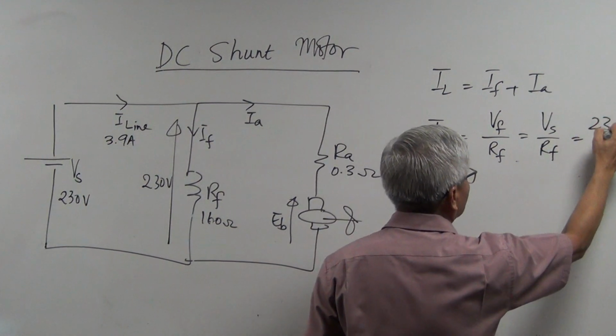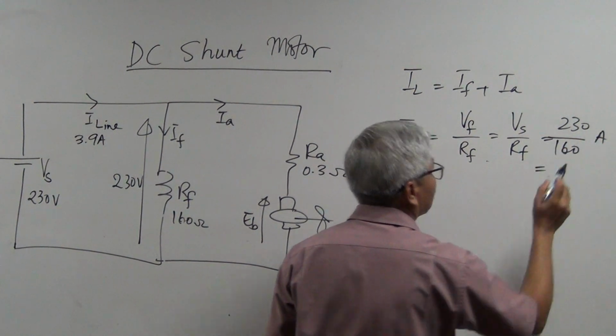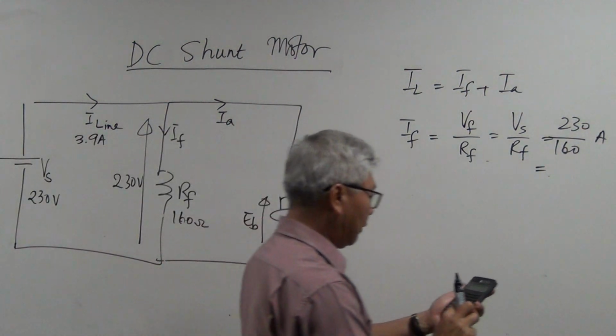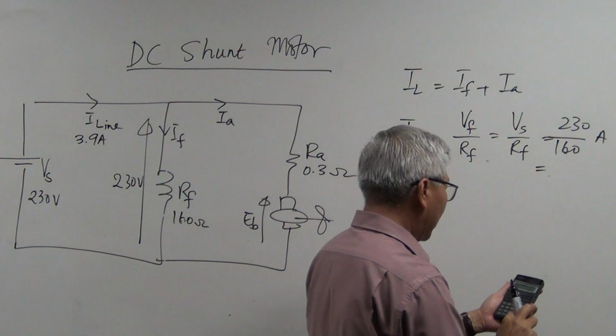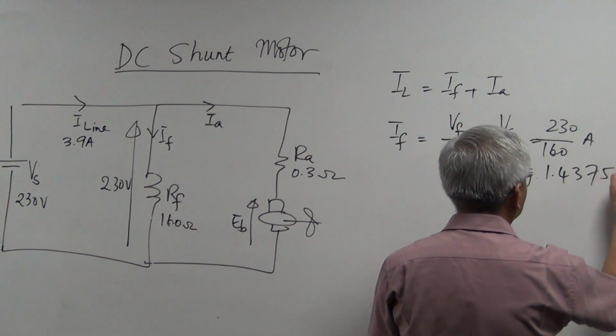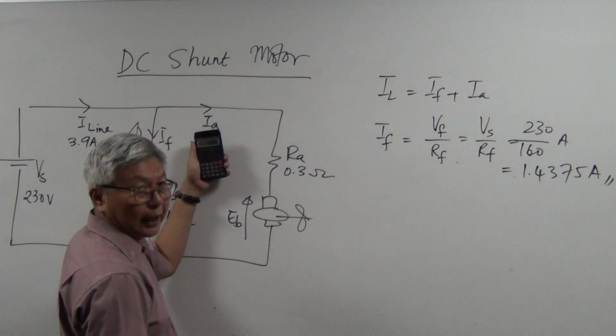So it's 230 divided by 160 ampere. If I use a calculator, 230 divided by 160 is equal to 1.4375 ampere. Okay. So with that, I'm able to calculate the IA.